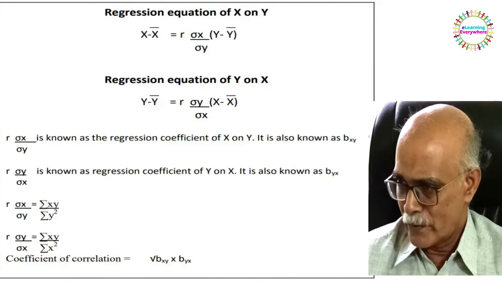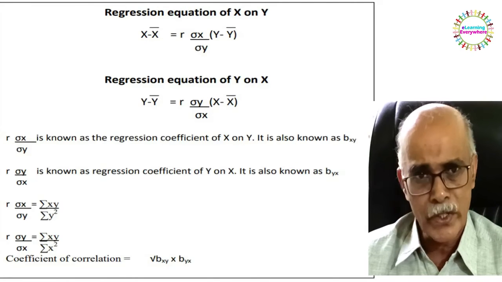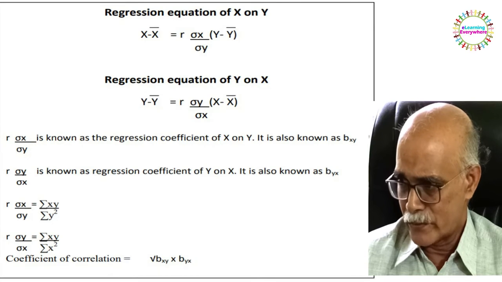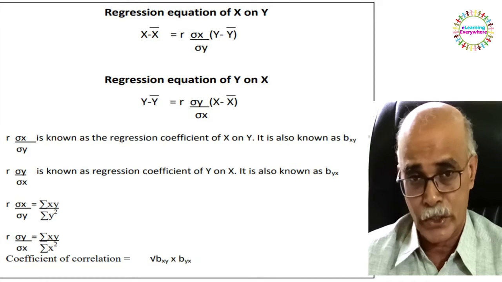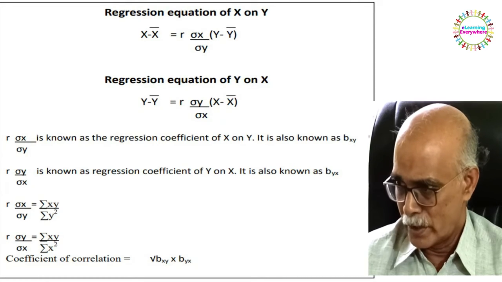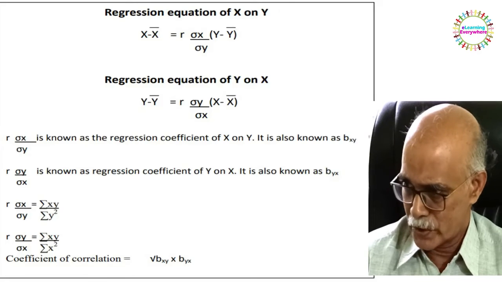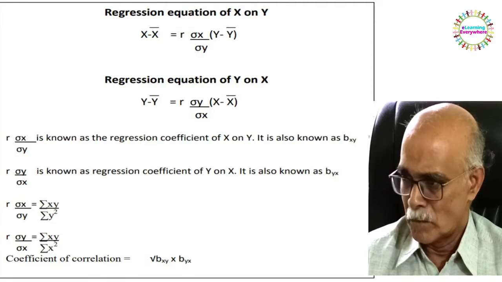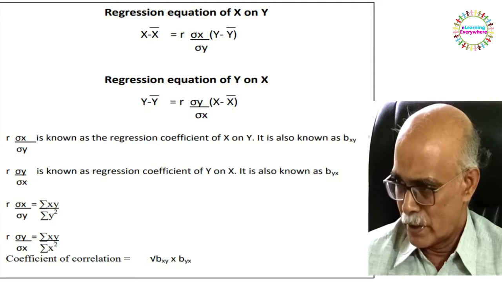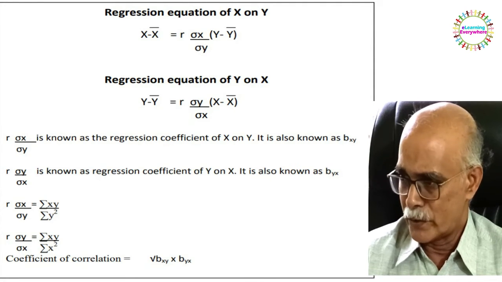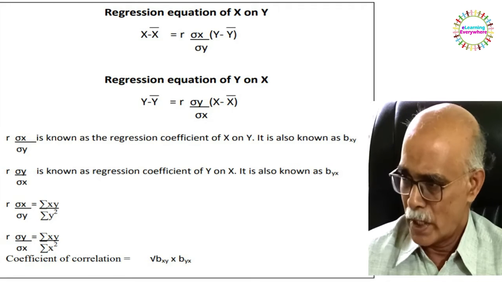Sigma xy divided by sigma y square gives the regression coefficient of x on y, and sigma xy divided by sigma x square gives the regression coefficient of y on x.